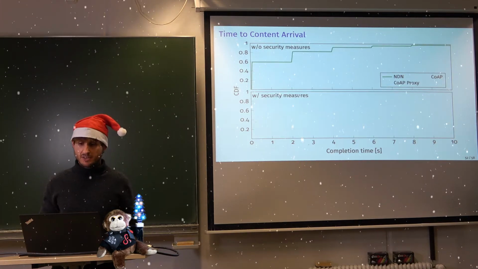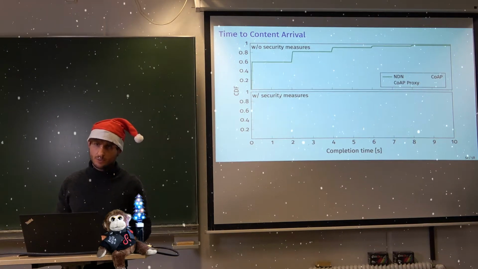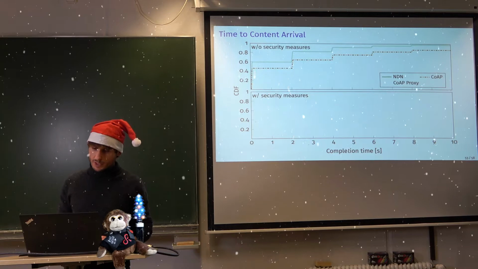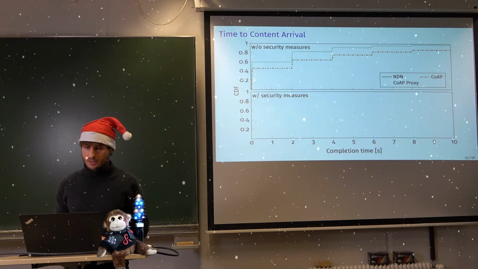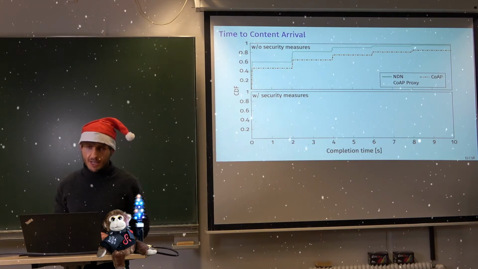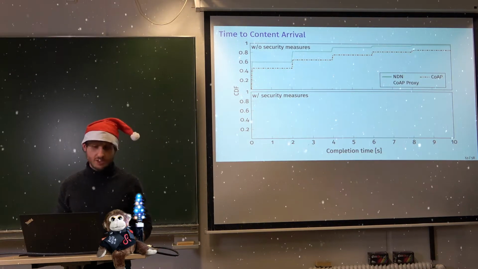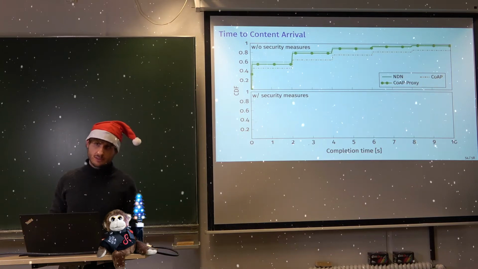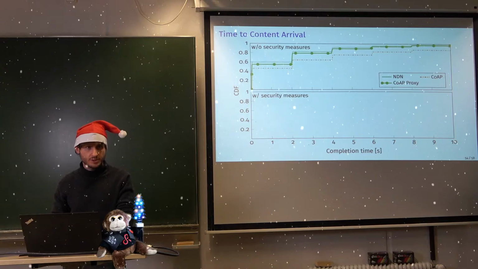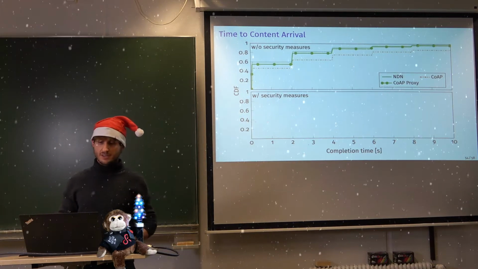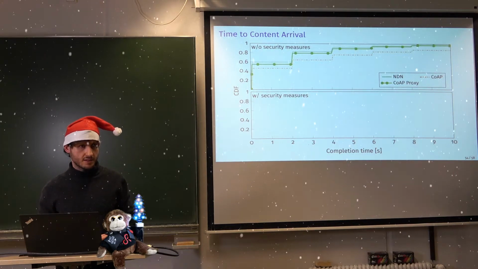NDN loses some packets but is able to recover most of them until it reaches an almost 100% success rate. Then we look at CoAP, which has a little bit more loss, but is not able to recover as much as NDN through end-to-end retransmissions. And now using the CoAP proxy, which has hop-by-hop caching and hop-by-hop retransmission features, like NDN, we can see that this is enough to get very similar properties.